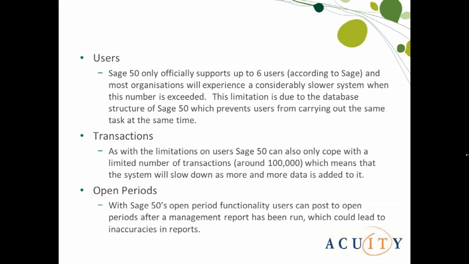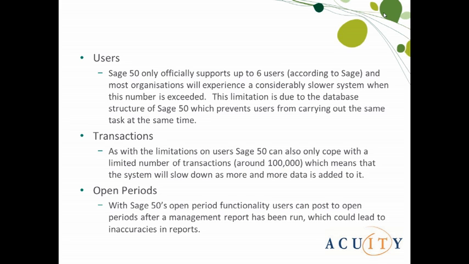In particular on the user counts, and this is something that some of you may well, judging by some of the profile information we have, already have noticed. Sage 50 only officially supports up to 6 users according to Sage, and it tends to be the case that if you have user counts in addition to that or in excess of that, you will notice quite quickly considerably slower system performance when you have more than 5, 6, 7 users logged in.